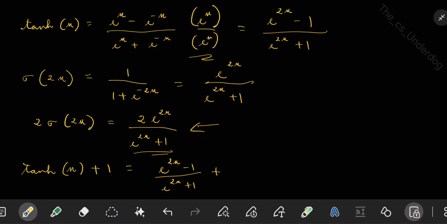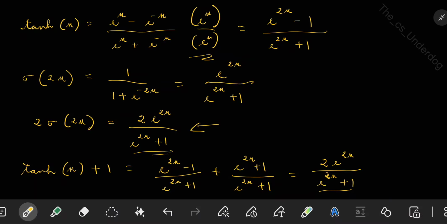So instead of 1, I can write e power 2x plus 1 by e power 2x plus 1. If I solve this, I will get 2 times e power 2x divided by e power 2x plus 1. That is, this minus 1 and this plus 1, they get cancelled. So what remains is 2 times e power 2x divided by e power 2x plus 1.